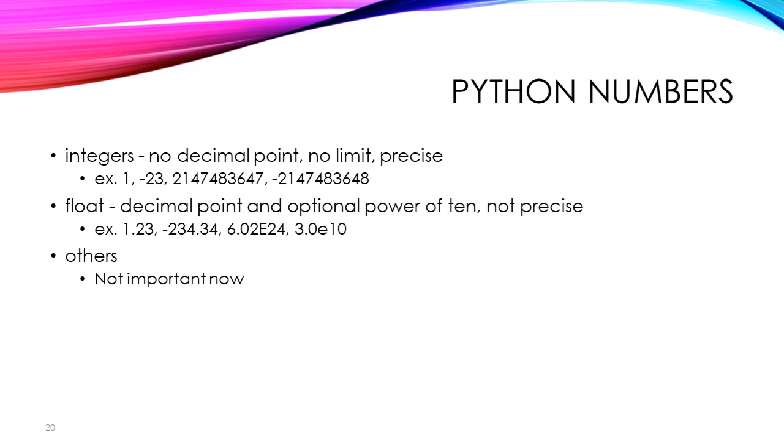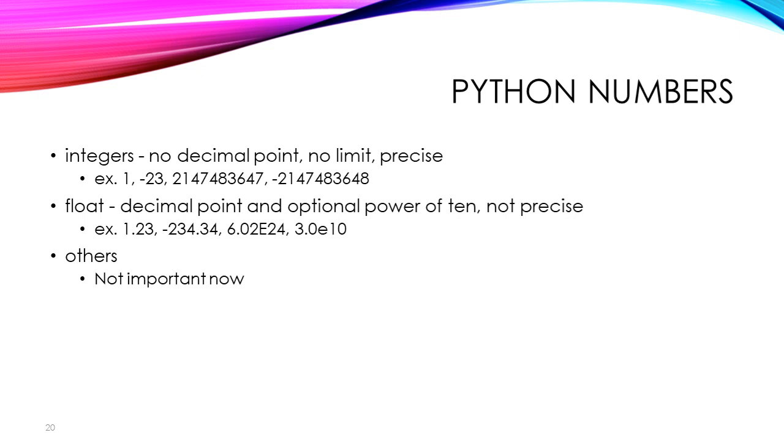Basically, it's limited to how much memory you have on your computer. Integer calculations are also very precise. No rounding problems. Float is, you'll see a decimal point and perhaps an optional power of 10. The nice thing about floating numbers is you don't have to keep track of the decimal point.